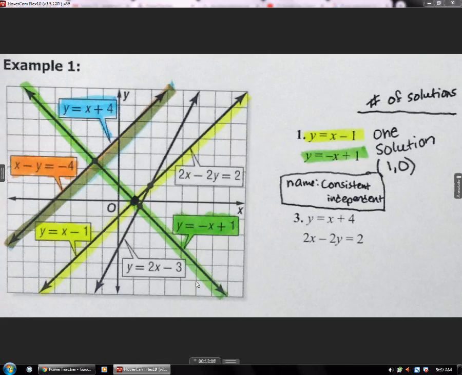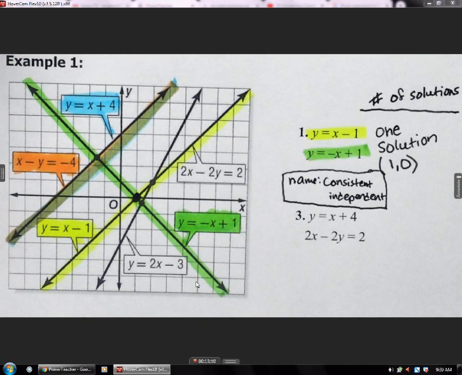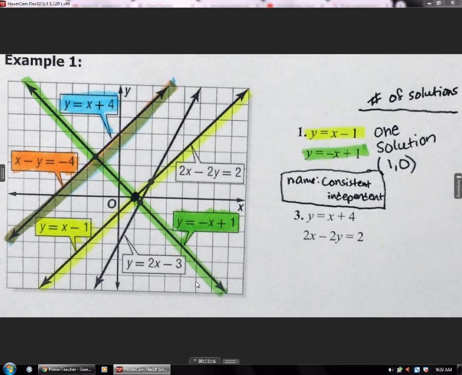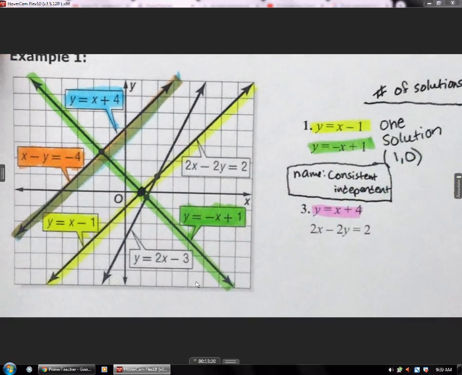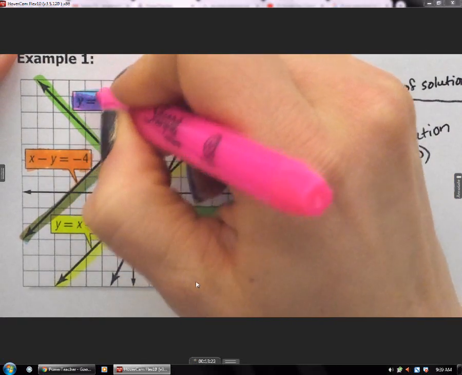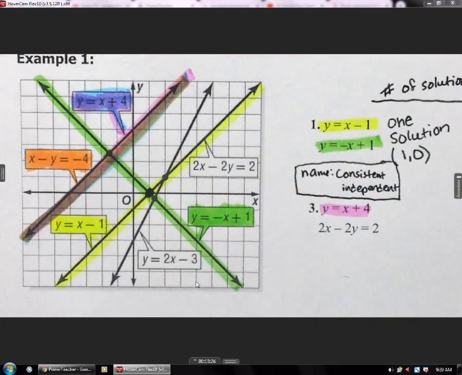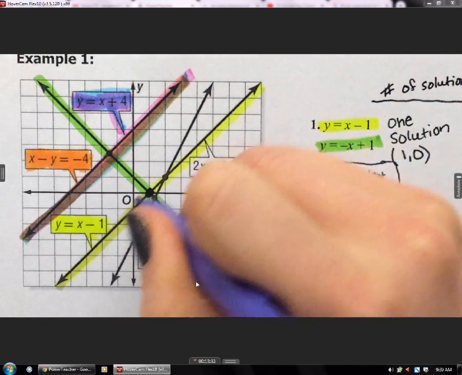Okay, let's try number 3. I've got pink and purple. Oh, but I already made this one orange or blue. So, we'll just go pink. Y equals x plus 4, so that's this equation right here. And this equation, 2x minus 2y equals 2. Oh, that's this one right here.